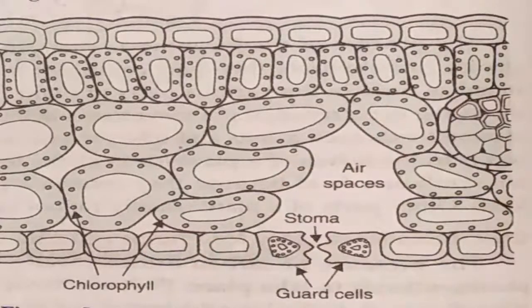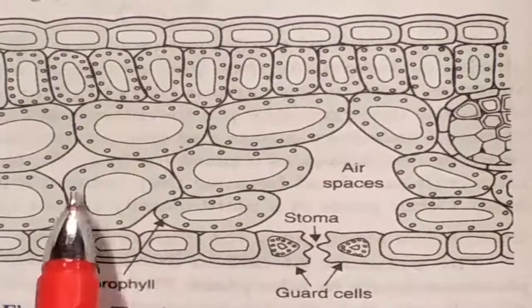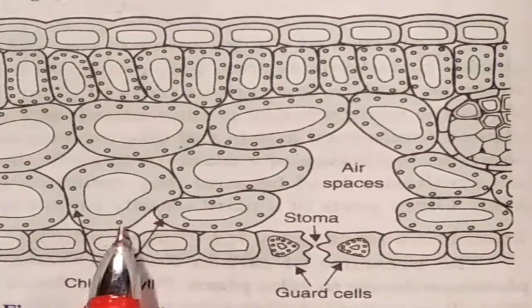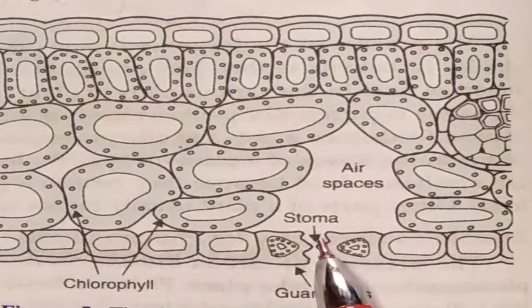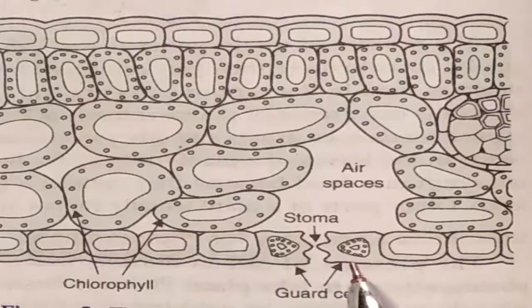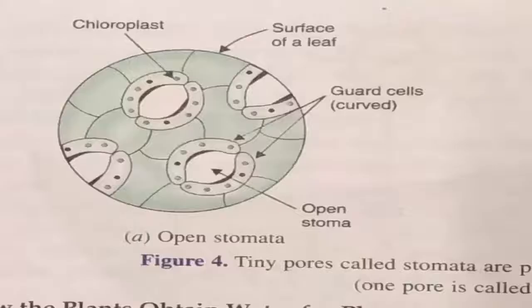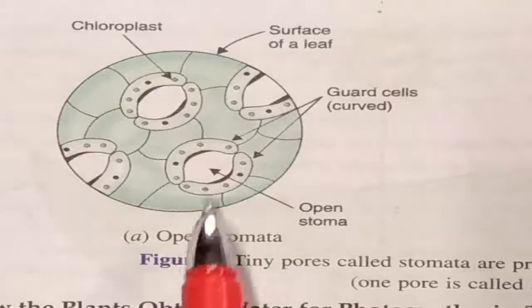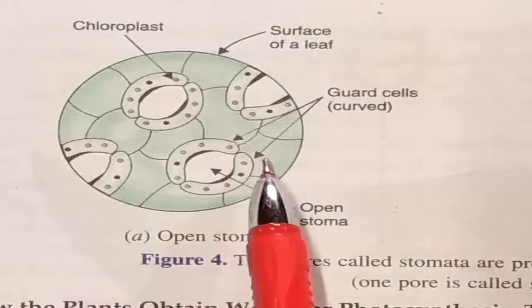Let's see this figure. This is the leaf. In the leaf, you see there are tiny dots, circles. These are the chlorophyll. And there is a gap between the guard cells. This gap is the stomata. This is the open stomata, which is guarded by the guard cells.